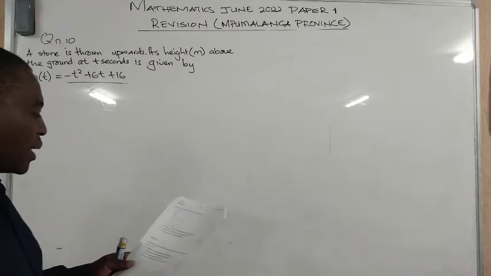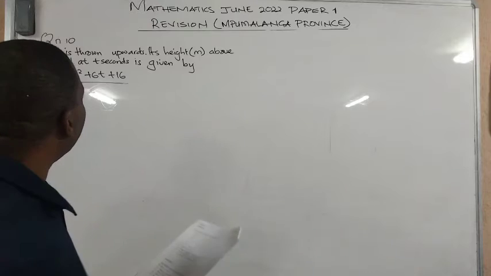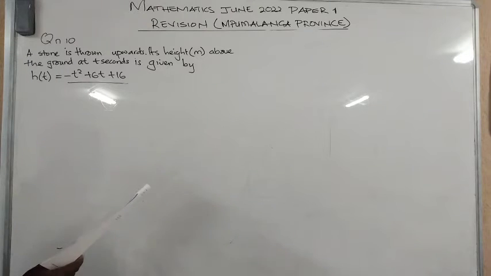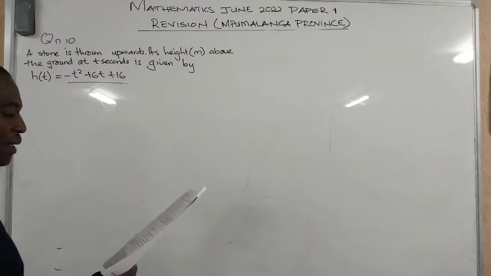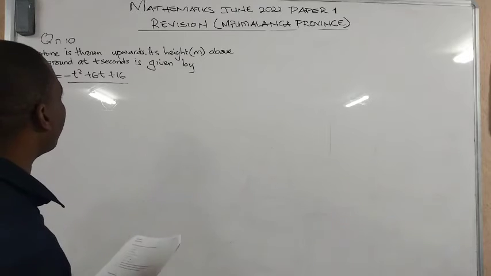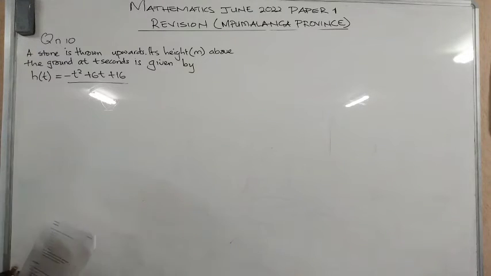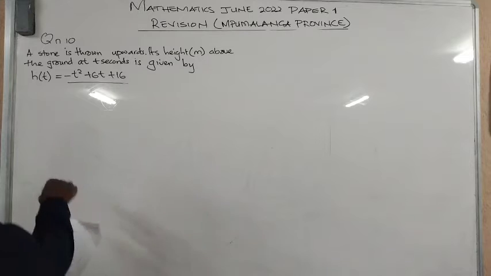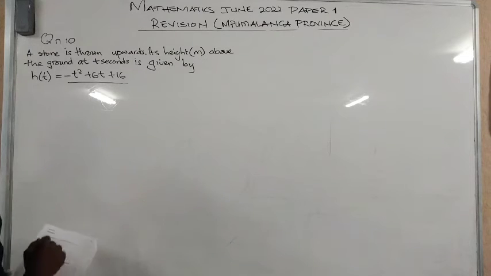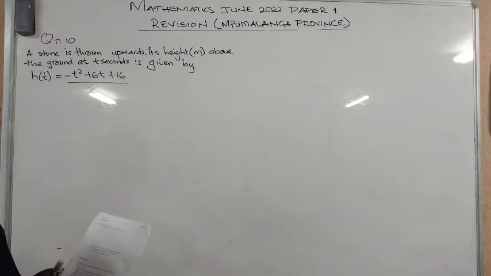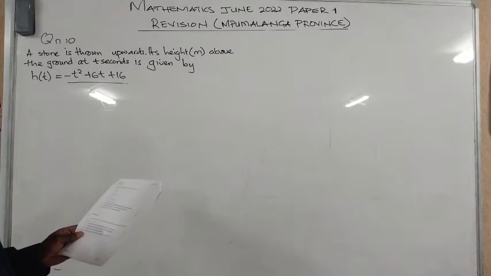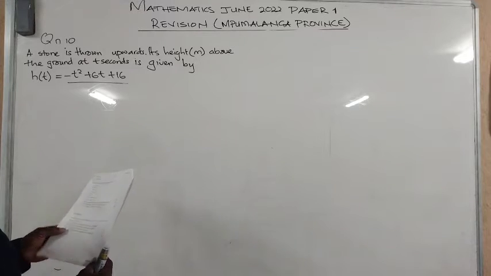Let's look at 10.1. You are asked to determine the initial height of the stone above the ground. So if a stone is thrown upward and its height is given by h of t, which is minus t squared plus 6t plus 16.